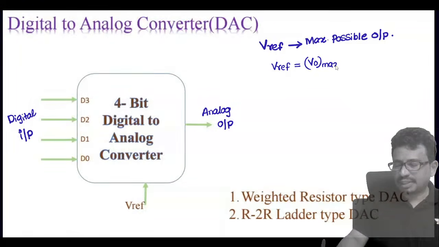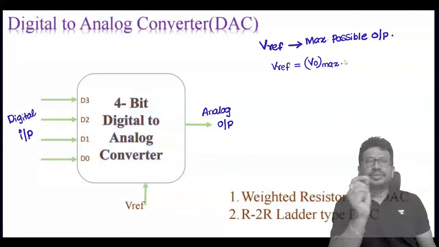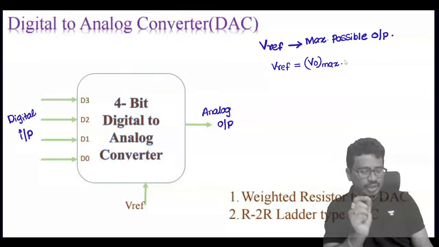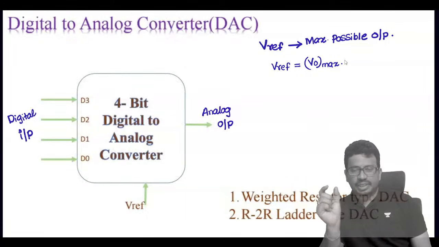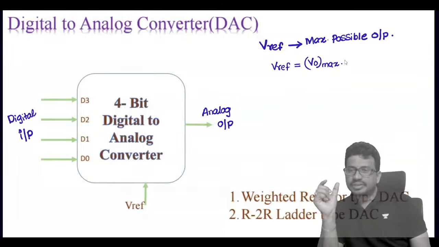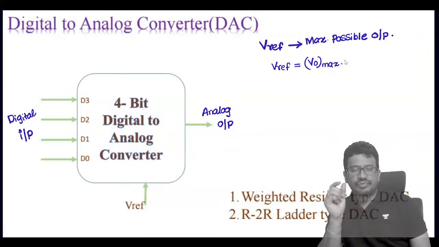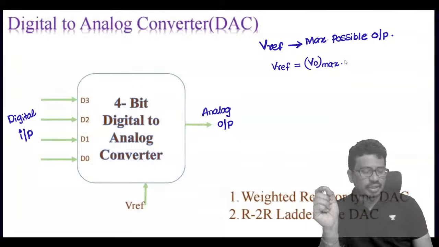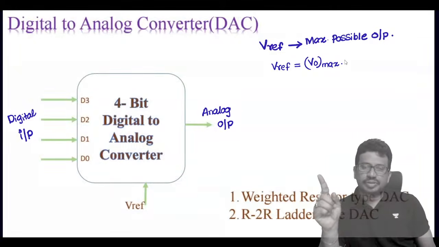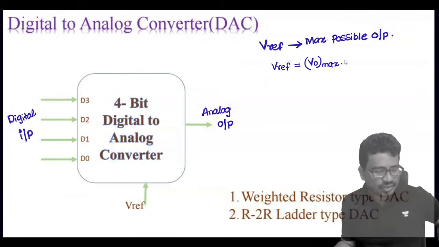If you take any device, you might have seen an ammeter with 0 to 5 ampere, 0 to 10 ampere, or 0 to 10 microamperes. The 10 microamperes that we see is the maximum value. That is called the reference value. That means the device can work only up to that maximum value; it can measure only 0 to 10. That is called the V reference value.